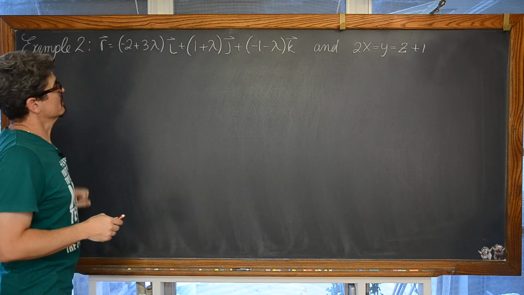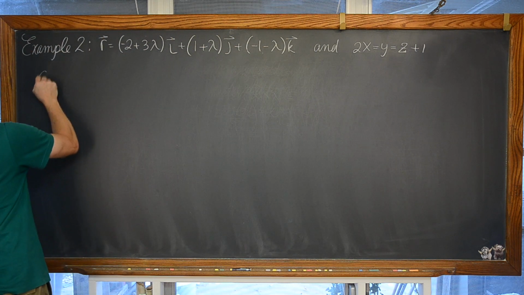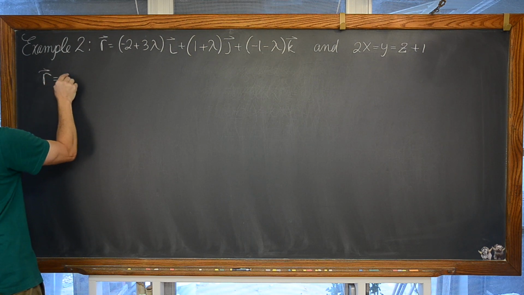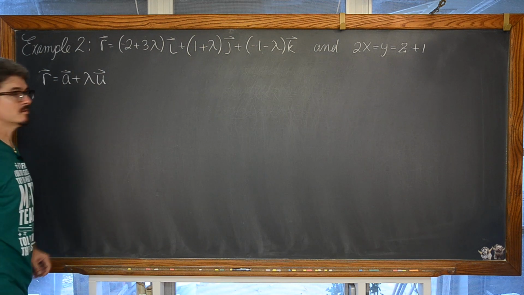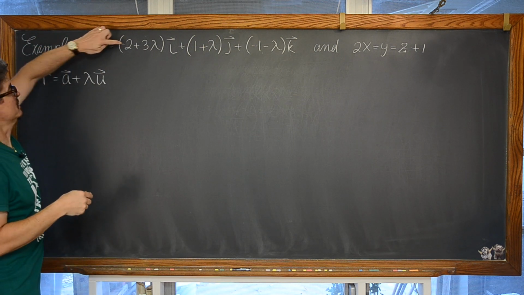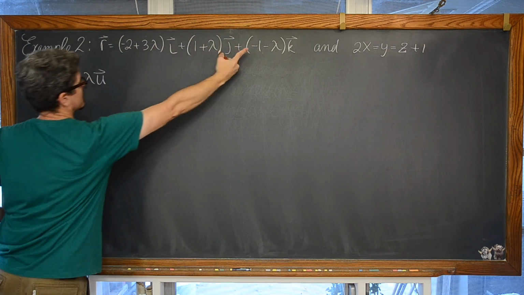And we can pull out of here that our known point, or basically if you think about vector r is equal to vector a plus lambda times vector u, that the position vector for our known point is equal to negative 2, 1, and negative 1.